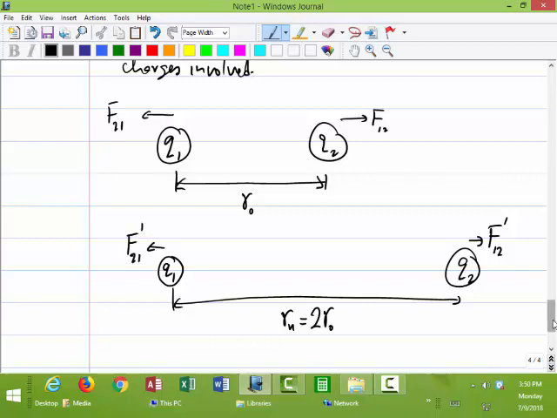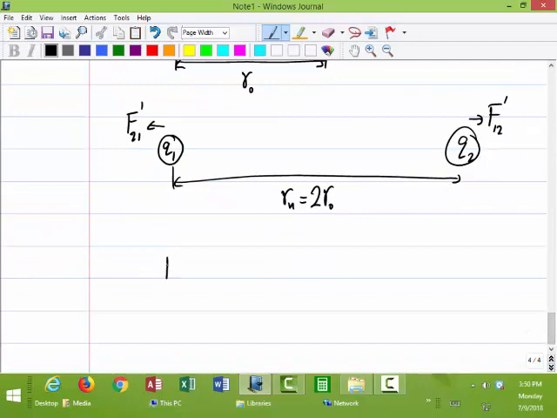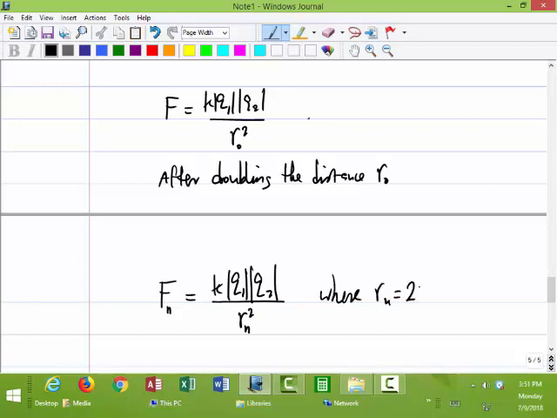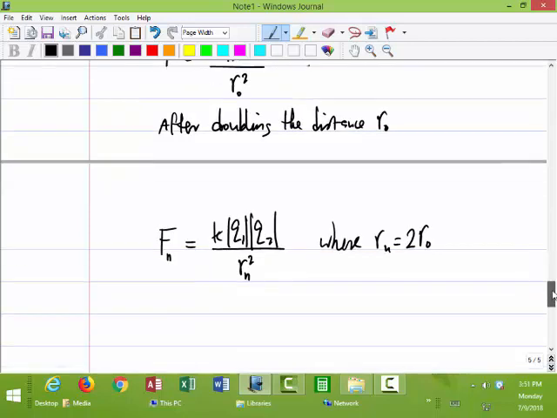We can analyze this, and we know that the force according to Coulomb's law is equal to k Q1 Q2 divided by r subscript 0 squared. This is the force between the two charges initially. After the distance is doubled, the new force F subscript n is equal to k, again with the same charges Q1 Q2, divided by r subscript n squared, where r subscript n is equal to 2 r subscript 0 because we've doubled the original distance.